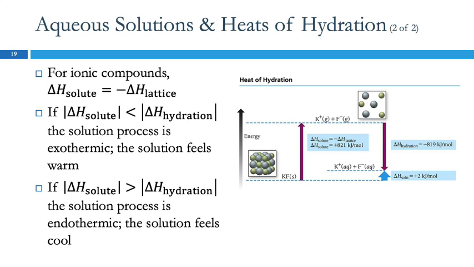Remember that picture? They came together and they're all attracted to each other. So that was the lattice energy. Delta H for the solute is the opposite of that. We're taking the ions that are all stuck to each other by ionic bonds and we're separating them into individual ions. So that is the same value as the lattice energy, just opposite in sign.